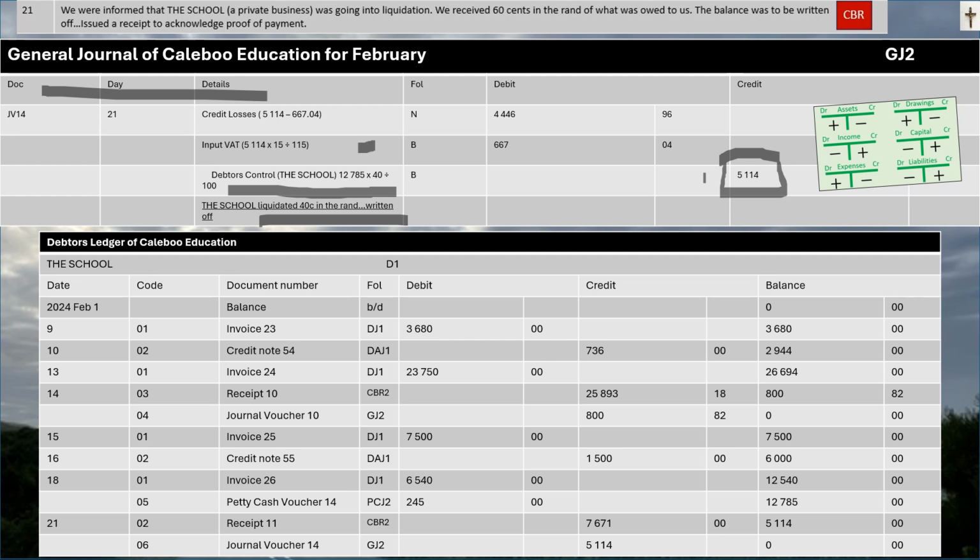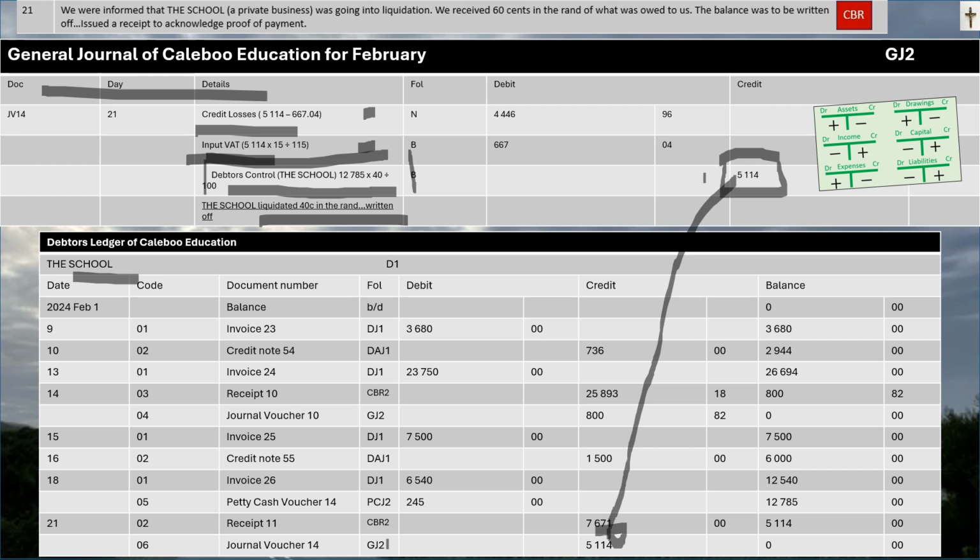Don't worry about the input VAT and the credit losses. That means bad debt, because we reverse the output VAT and we go debit input VAT. But we're concerned about the school's account. That 5114 is posted to the school's account.